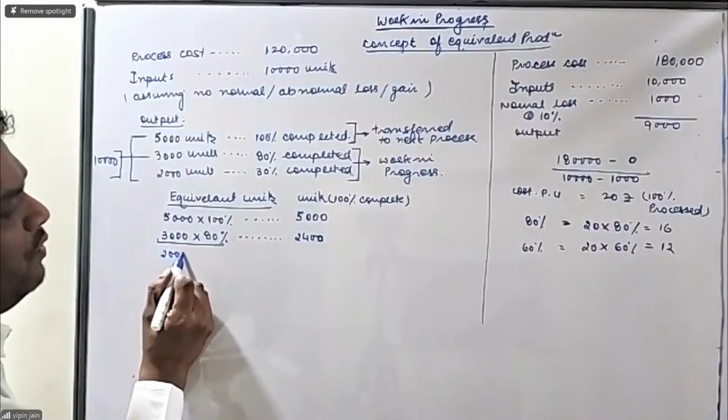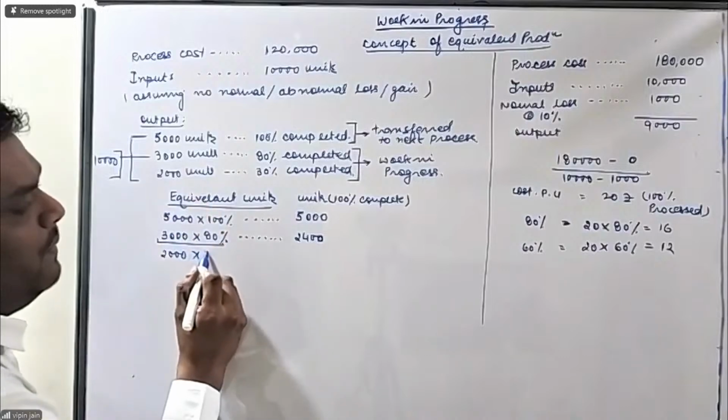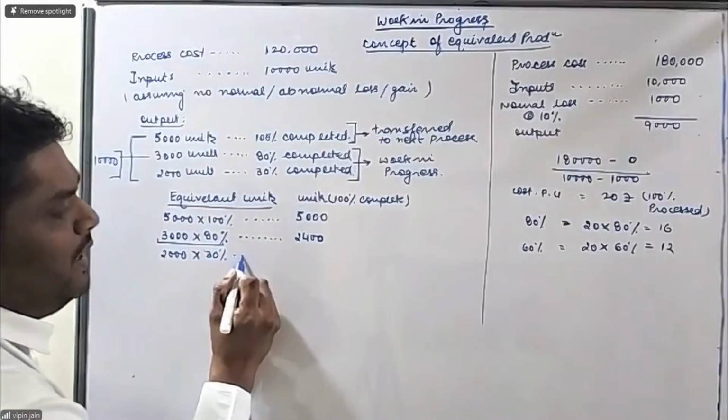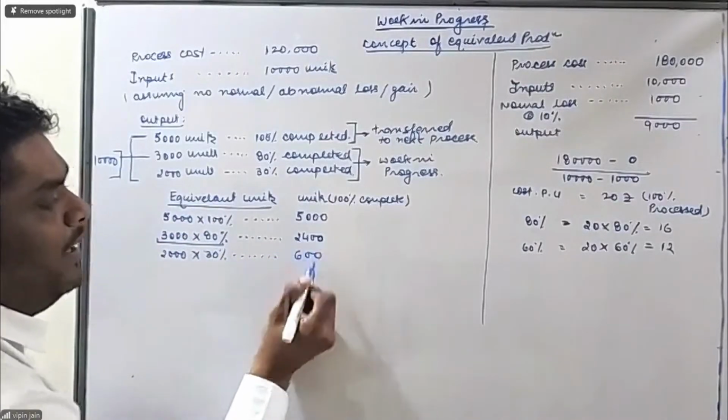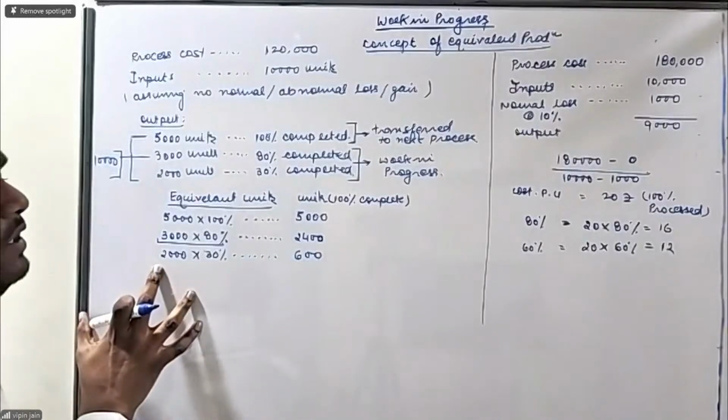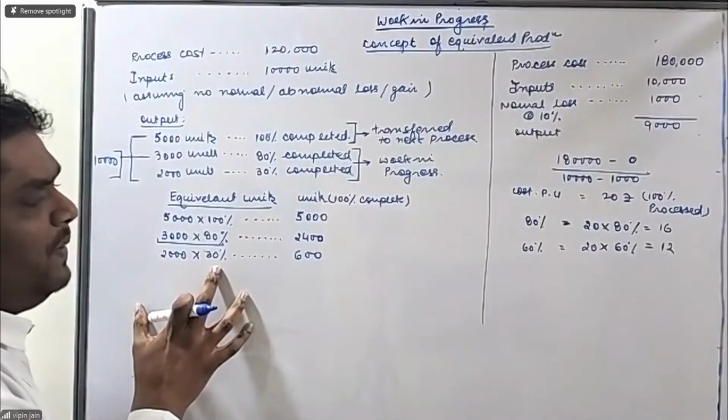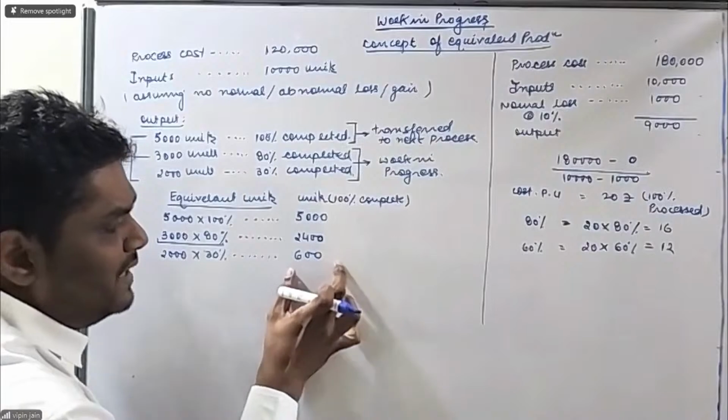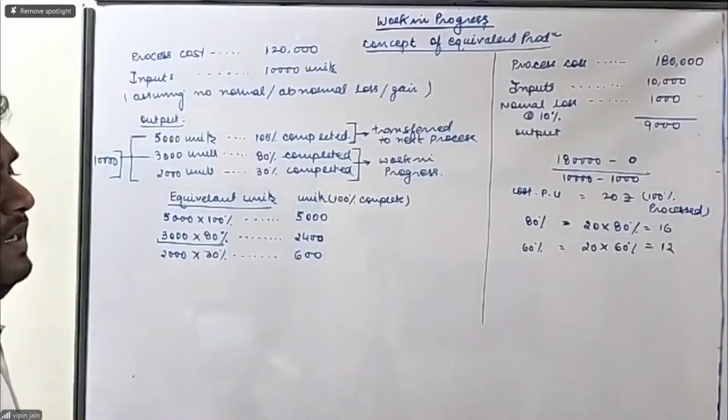Similarly, for 2,000 units at 30%, the cost of 2,000 units that are 30% complete will be equal to the cost of 600 units that are 100% complete.